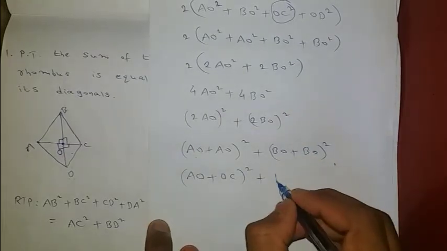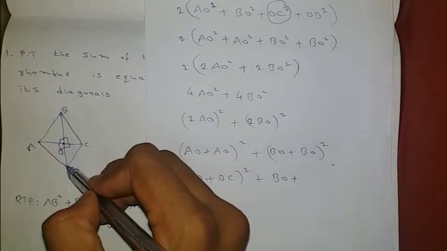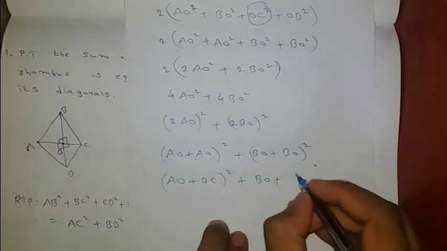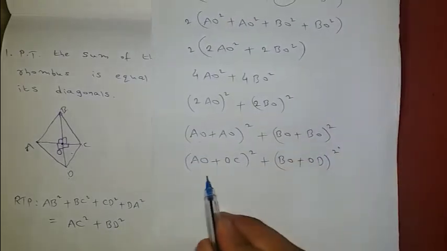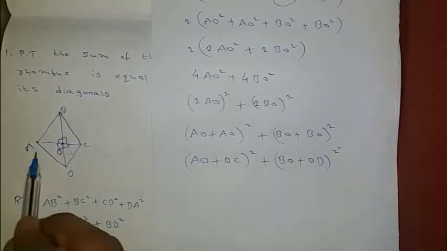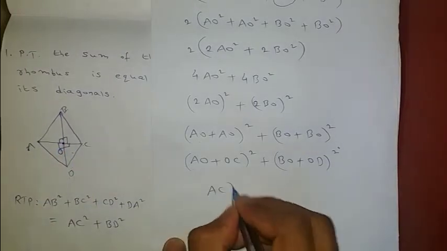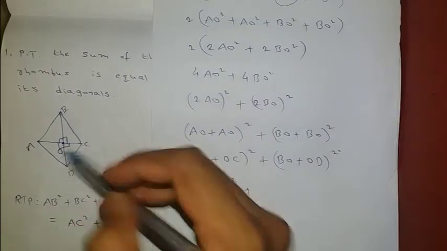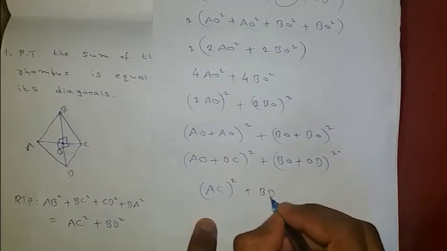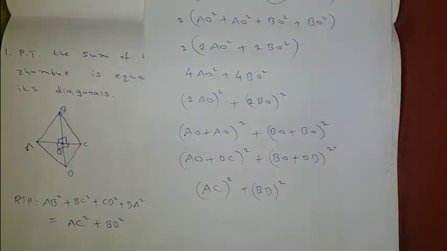Plus BO: one BO I am writing as it is, plus BO is equal to OD, so in the place of BO I am writing OD whole square. Now if we observe, AO plus OC is nothing but AC whole square, plus BO plus OD is nothing but BD whole square. Sum of the squares of the diagonals.